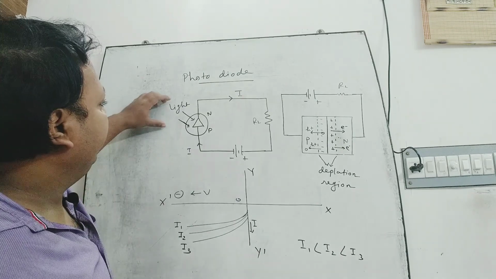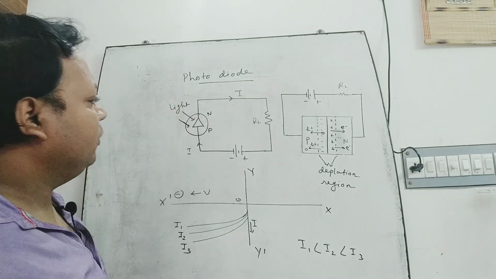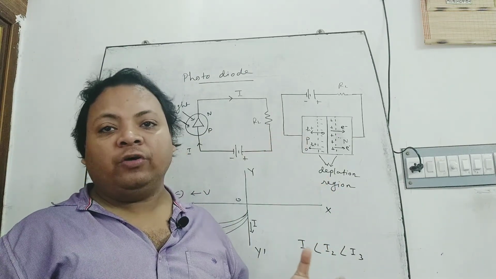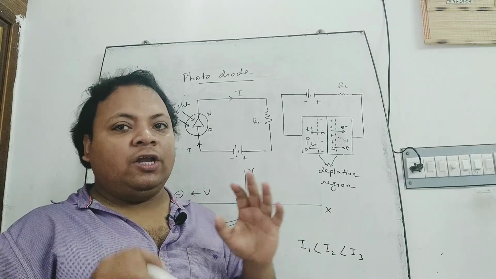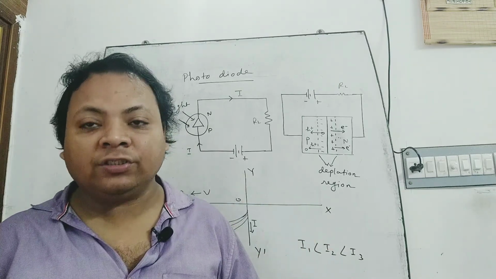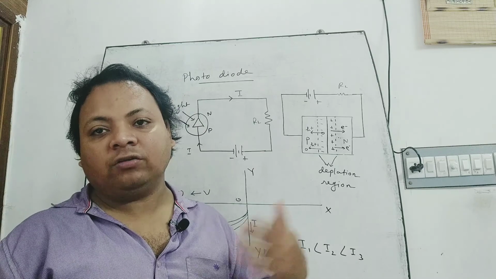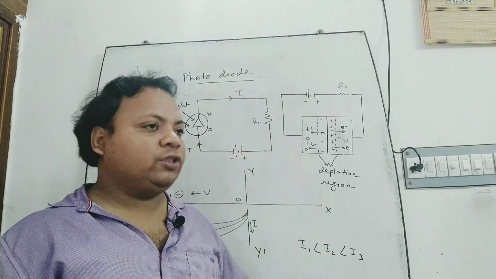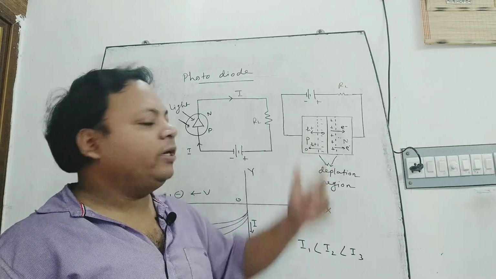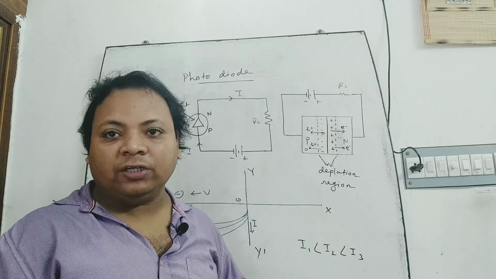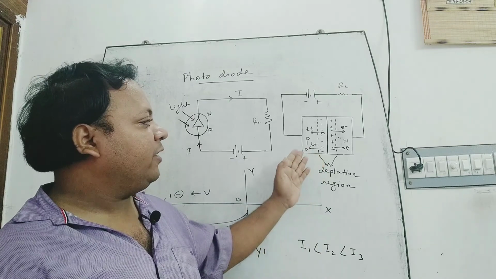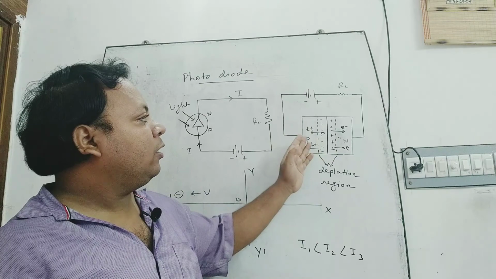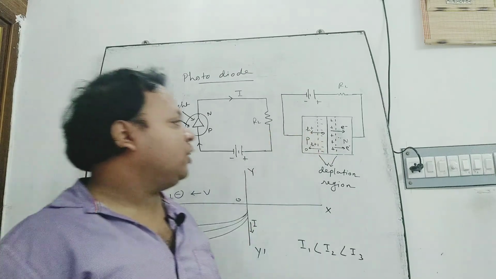When light is incident on the diode, by absorbing the photon energy, free electrons and free holes are produced. Due to diffusion, at first they move towards the depletion region, but after that they move away from the depletion region.